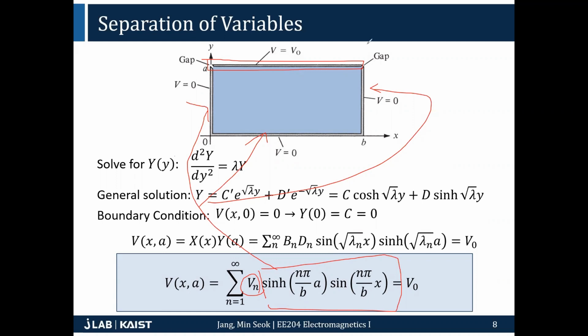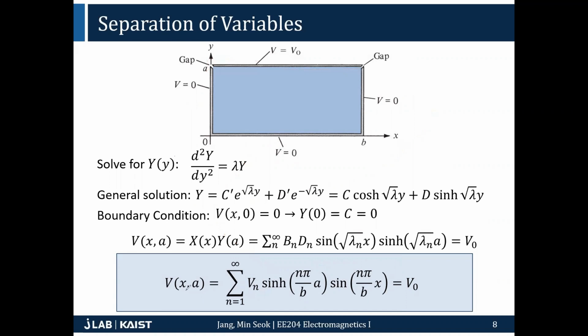When y equals a, this becomes sinh of n pi a over b, and sin of n pi x over b. If we set Vn properly, then it must be equal to V0, regardless of x. That's the final boundary condition.